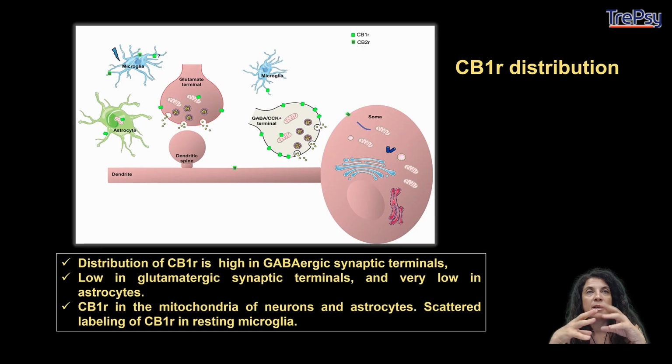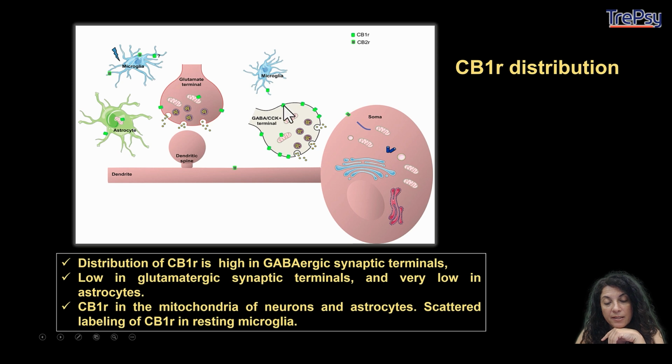First, we will discuss the CB1 receptor distribution. We can see that CB1 distribution is high in GABAergic synaptic terminals, low in glutamatergic synaptic terminals, and very, very low in astrocytes. The CB1 receptor was found in the mitochondria of neurons and astrocytes, but scattered labeling of CB1 was found in microglia.